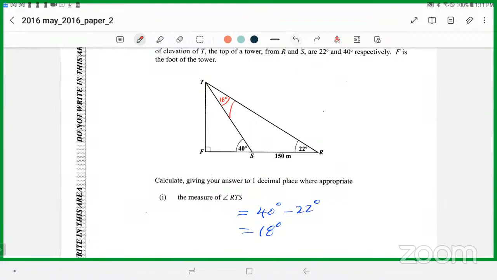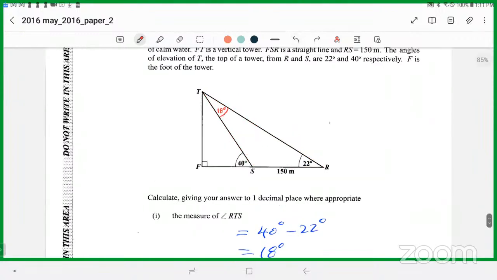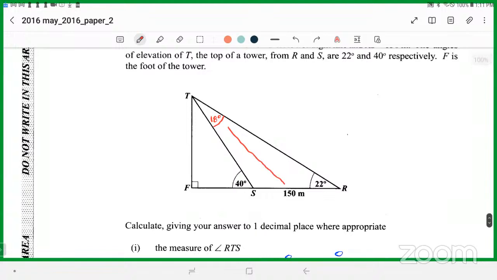So we're going to have to work in this triangle to get ST, because the only distance we know is a part of that triangle. And we cannot use SOH CAH TOA on that triangle. We have to use either the sine rule or the cosine rule. Now we can use the sine rule because I have a pair, angle and side opposite each other, that I know both of. And I have this angle that is opposite to the side that I want right here.